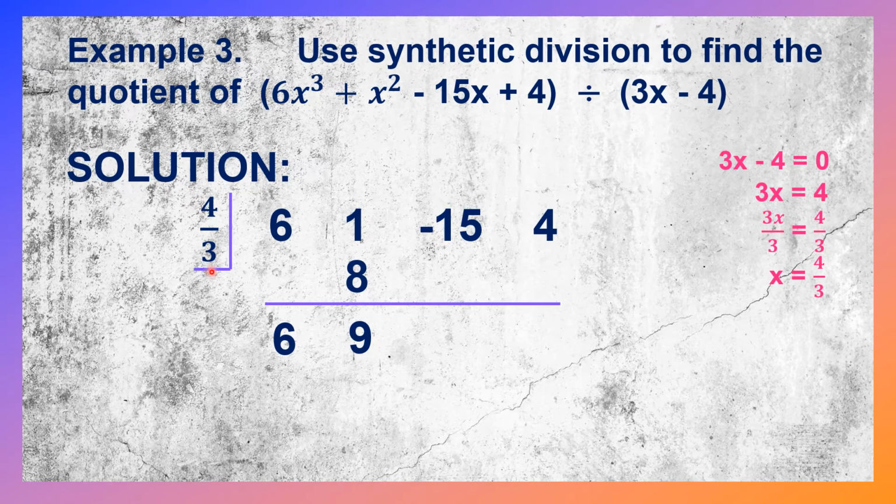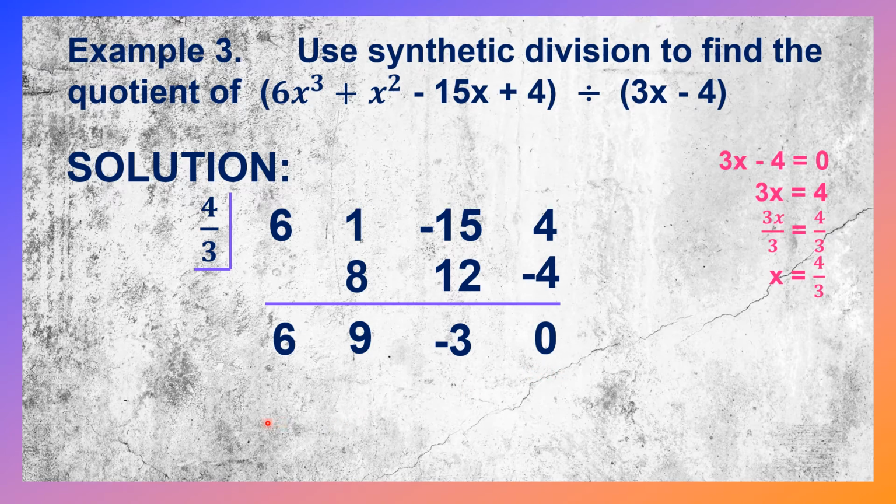So 4 over 3 times 9 is equal to positive 12. Then add negative 15 plus 12 is equal to negative 3. Then negative 3 times the divisor gives negative 4. Then add 4 plus negative 4 is equal to 0. So we don't have a remainder in this example.